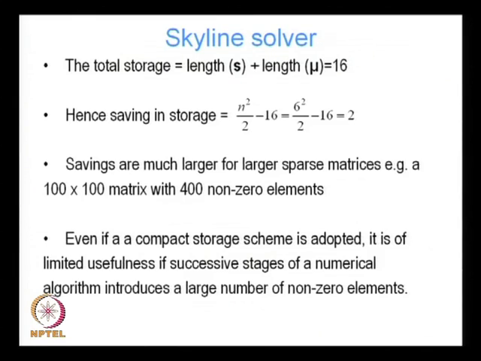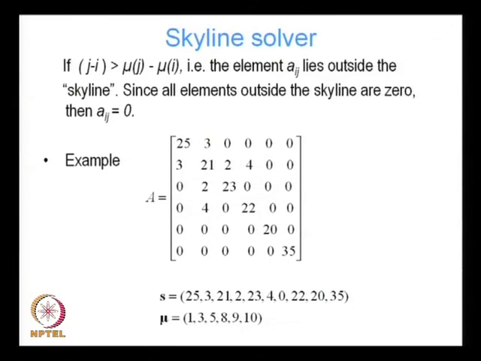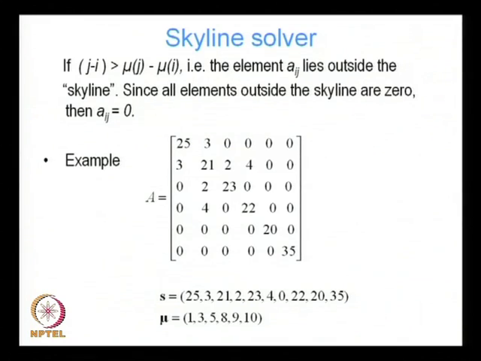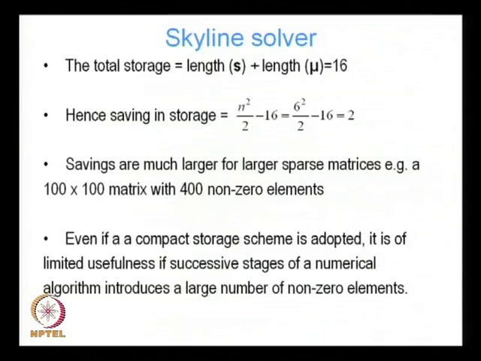The total storage of course is given by the length of this S vector and the length of the mu vector. In this case the length of the S vector is 10 and the length of the mu vector is 6. So, the total length of the storage is 16. However, how much have we saved?